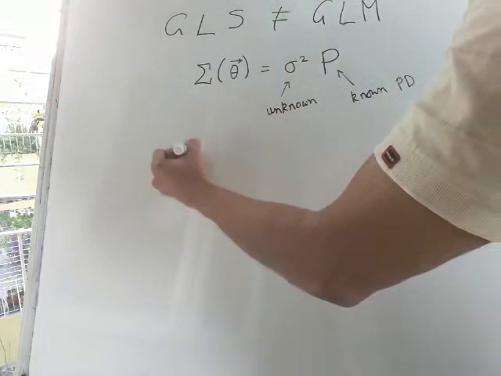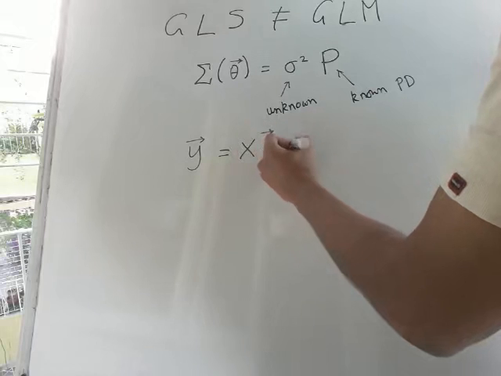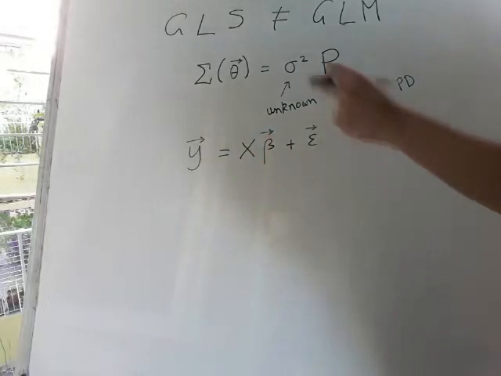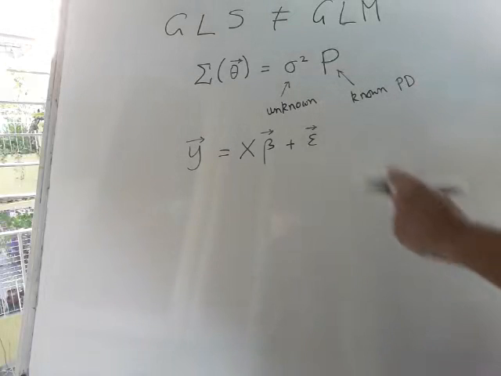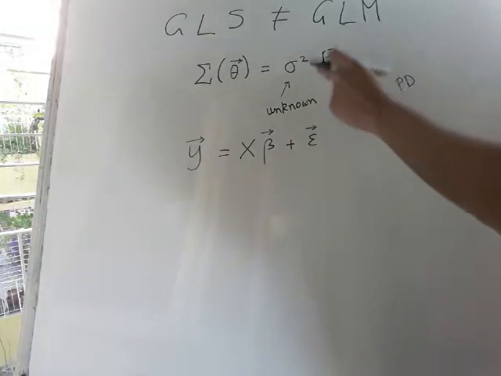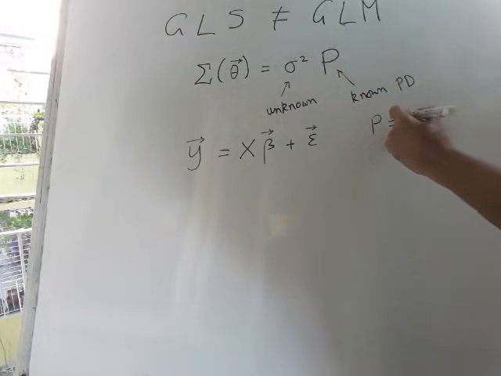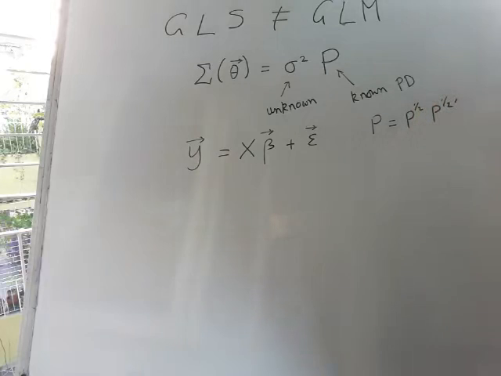So your model is y equals X beta plus epsilon, where epsilon has mean 0 and covariance matrix sigma square P. What you will do is take a square root of P. Since it is PD, you can write it as P to the power half times P to the power half transpose.